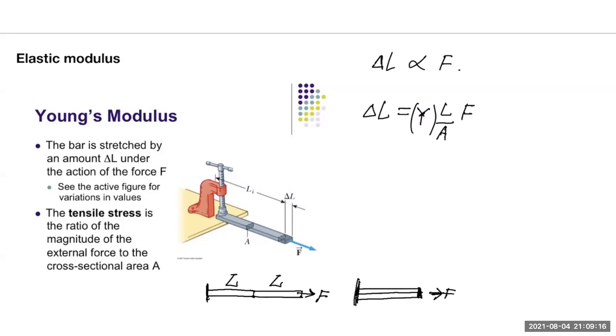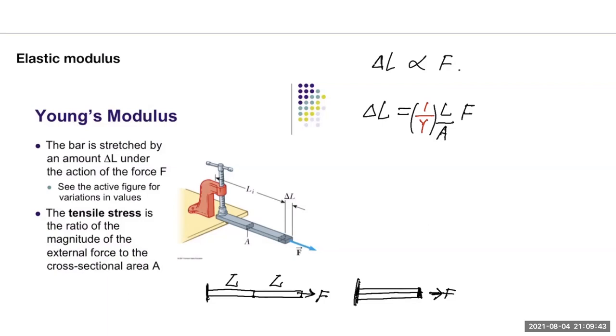A weaker material stretches more, right? So no, I'm not going to put y here. I'm going to put 1 over y, for that reason. This parameter y depends on the material makeup, and the greater the y value, the smaller the delta L for the same force and same physical size, therefore the stronger the material.